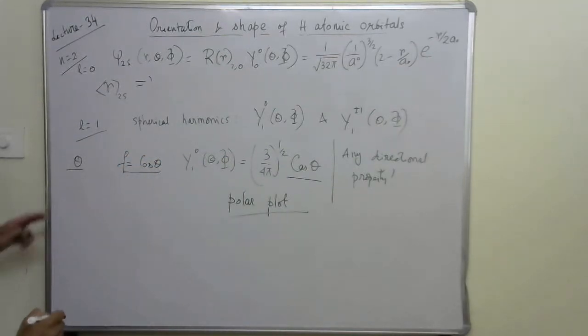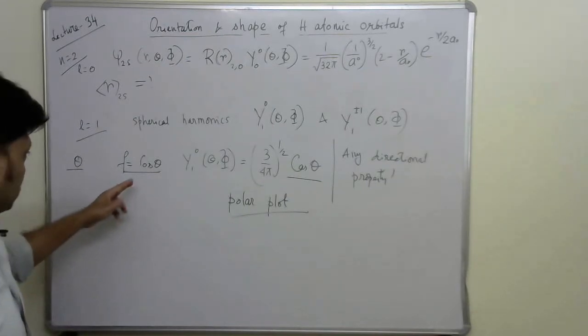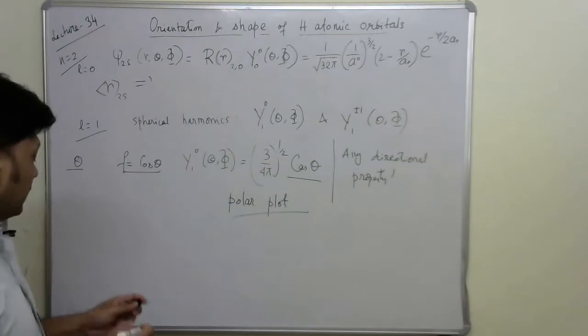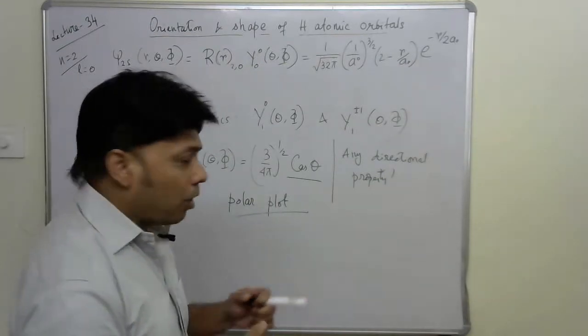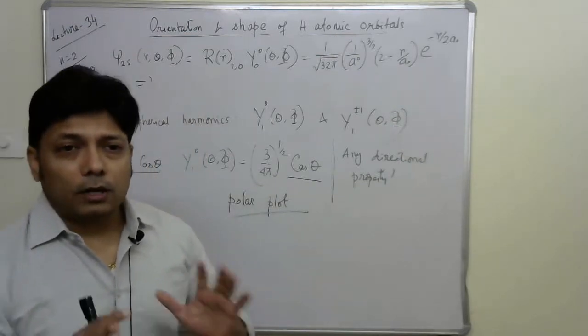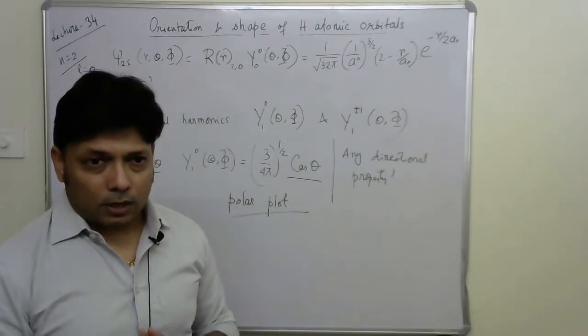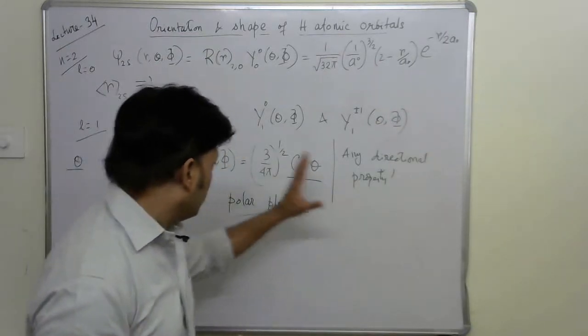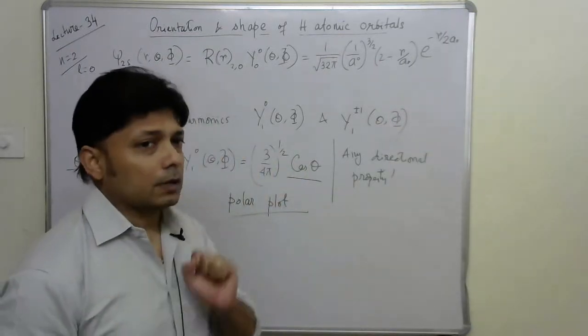Let's see, for different values of theta, what would be the values of cos theta. Then we will try to plot these cos theta values on a radial graph paper. How it is done, we will discuss gradually, step by step.